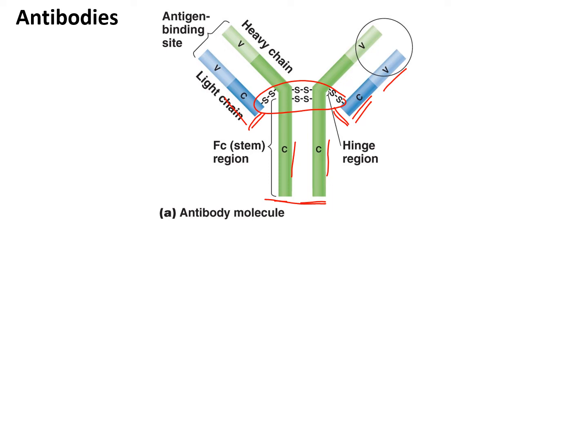So the constant region of the light chain and the constant region of the heavy chain have exactly the same structure in all members of a species. The variable region is called variable because the structure varies. You get different types of structure in different antibodies. So the variable region will have different structure in the different antibodies in one individual.